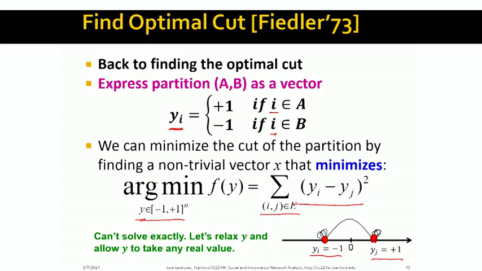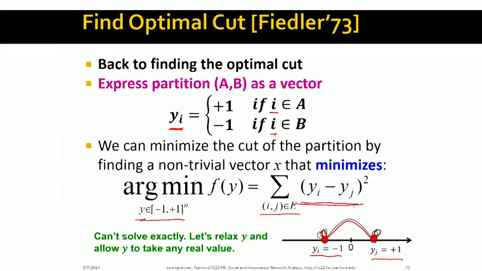If the nodes are connected and they are both on the same side, I will have, let's say, -1 minus -1 is 0, so I will get no penalty. The only time I will get a penalty is for an edge where one of the nodes is on the left-hand side and one of the nodes is on the right-hand side.